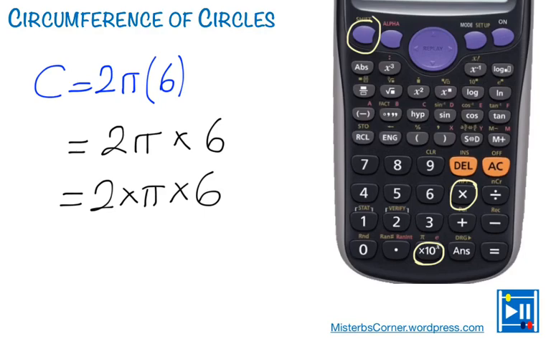You can see this teeny tiny pi written here. So if you press shift first and then the standard form button, you're going to have pi appear on your screen, right? So you're going to write 2 times shift standard form button, you're going to get the pi, and then times 6 and then hit the equal sign, you're going to get your answer.